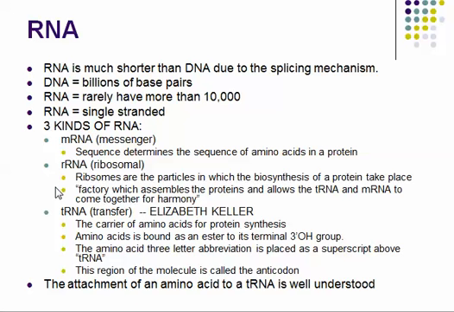So that's the purpose of the rRNA. And the tRNA, which is called the transfer RNA, is the carrier of the amino acids. So they will go out and they will find the amino acids and they will latch onto them and bring them back to the factory so that the factory can start assembling the protein for us.